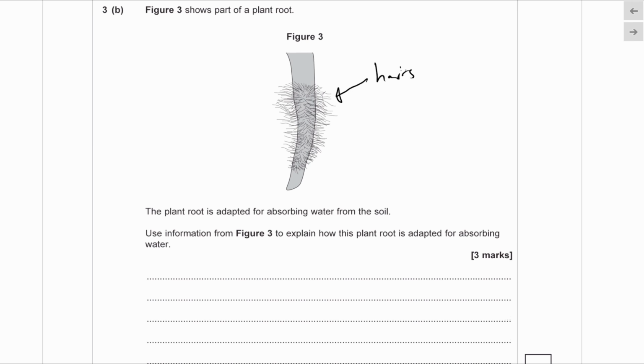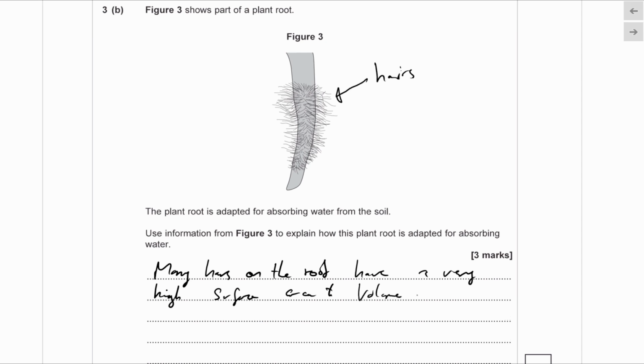So what I'm going to say is that many hairs on the root have a very high surface area to volume ratio.